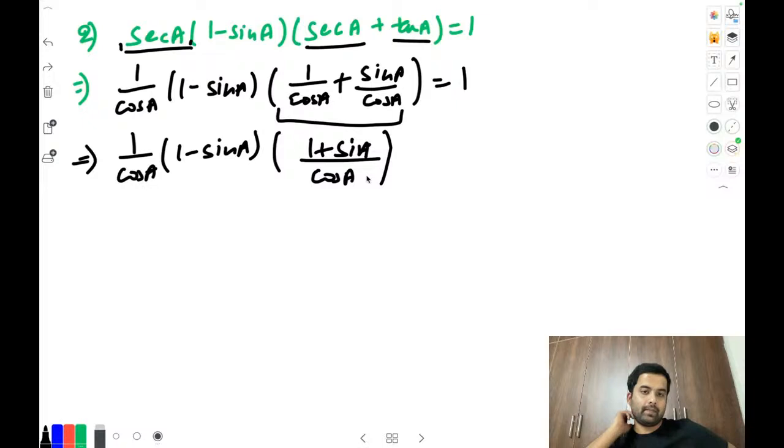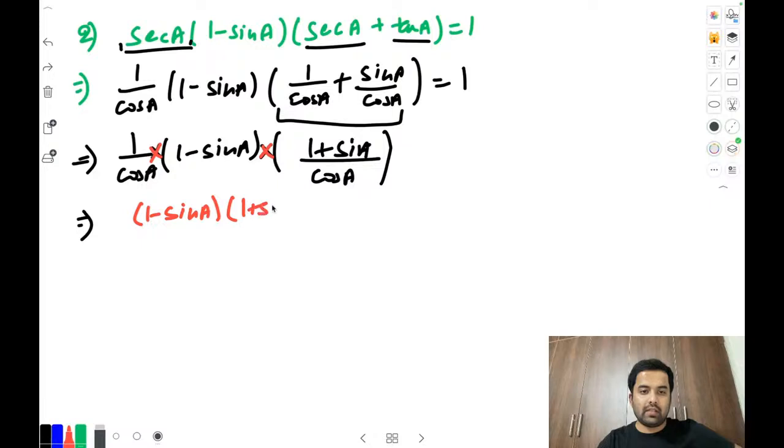Now next, as you see, all are in multiplication. Correct now? All are multiplied, so just multiply all. 1 minus sin A, 1 plus sin A. Below part is what? Cos A into cos A.